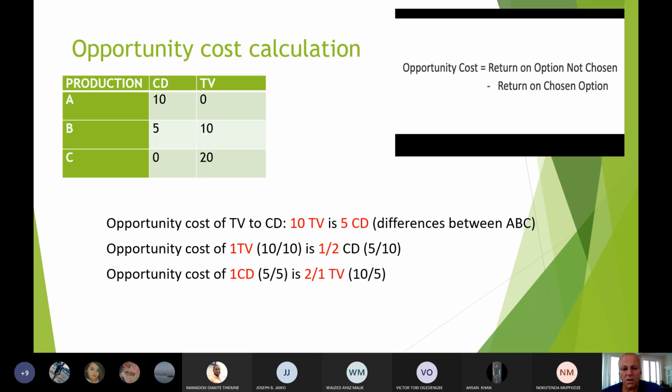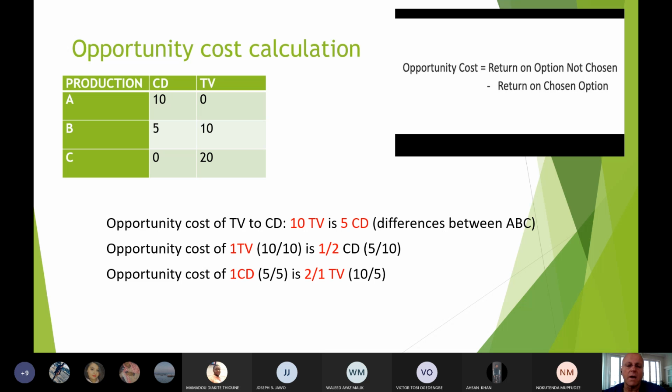Therefore, the opportunity cost for producing 1 TV is going to be 2 CD, so-called formulated and assumed. And the opportunity cost for 1 CD is 5 to 5 when we replace the position. Then 1 CD is going to be 2 TV production for replacing this proportional CV to the CD. Then this gives you this 2 unit.